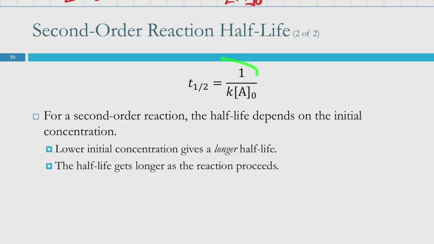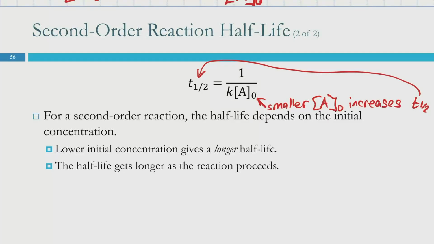So this, notably, has the initial concentration in the denominator. A lower initial concentration, a smaller A naught, increases T1/2. And the half-life also gets longer as the reaction proceeds.